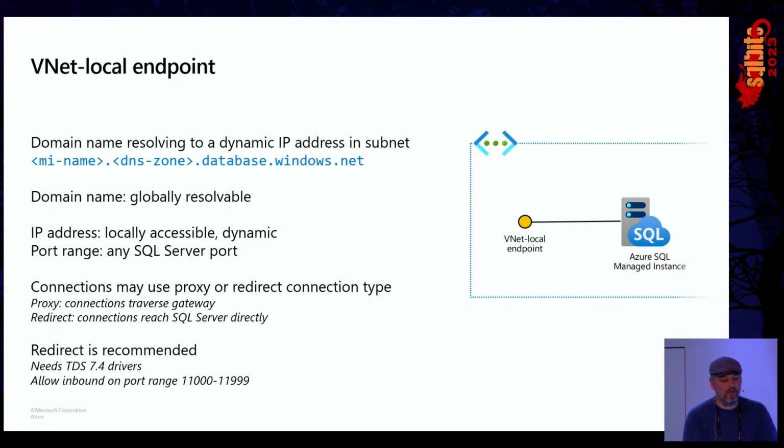All right, so the VNet-local endpoint. It resolves into a dynamic IP address in the subnet. And one key thing that we have been asked pretty consistently in the last couple of months is, what if I use the local endpoint or public endpoint for that matter, and I call my managed instance my super secret project, with a code name and details that nobody should know about, and then it will appear on the DNS.